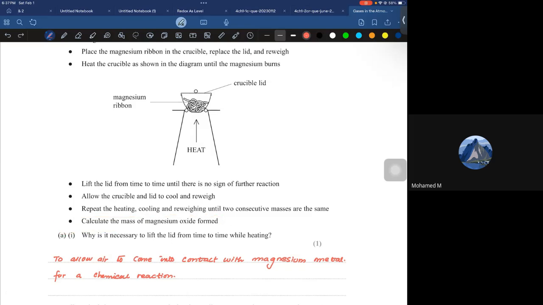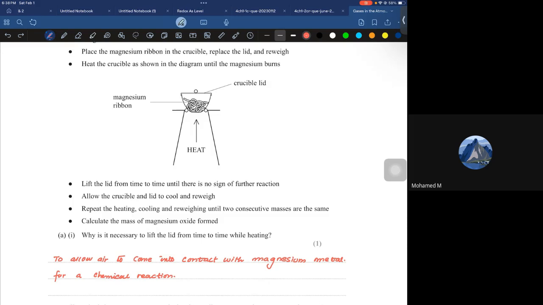If the magnesium is not reacted completely, how can you calculate the mass of its oxide? So to calculate the mass of your magnesium oxide, it's mandatory to react magnesium completely. But how can you confirm that magnesium is fully reacted?